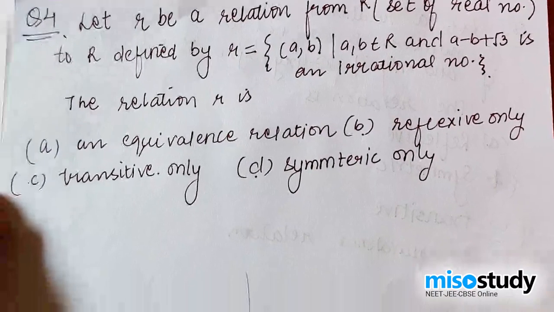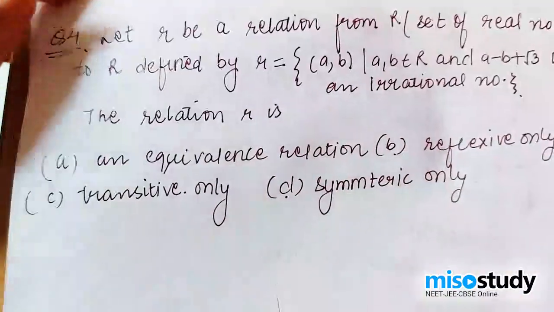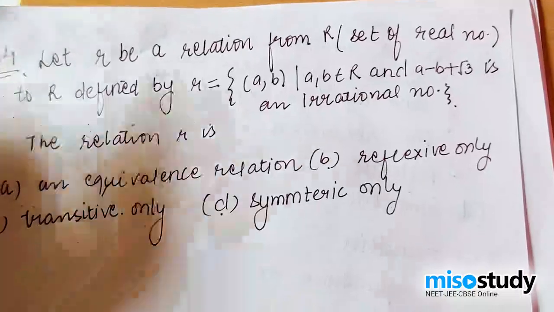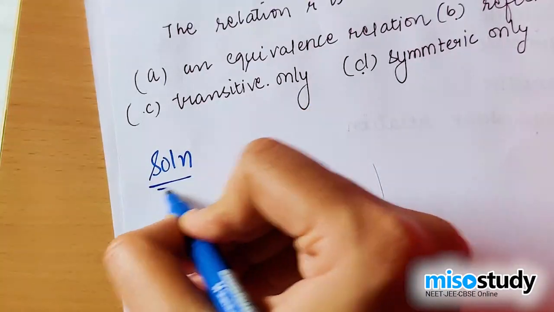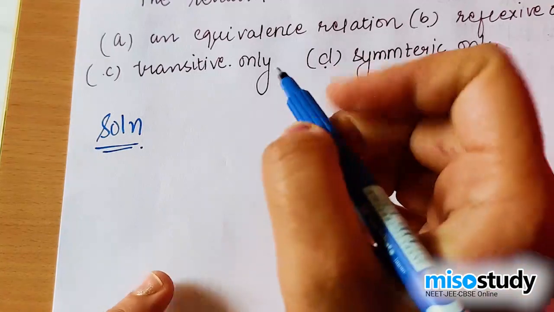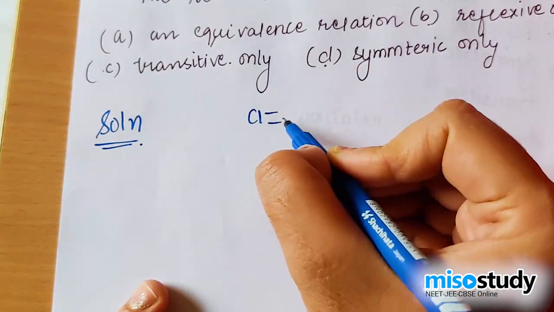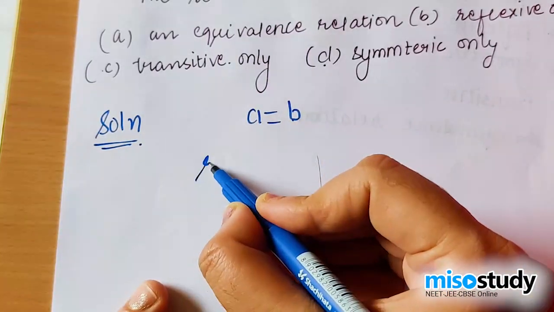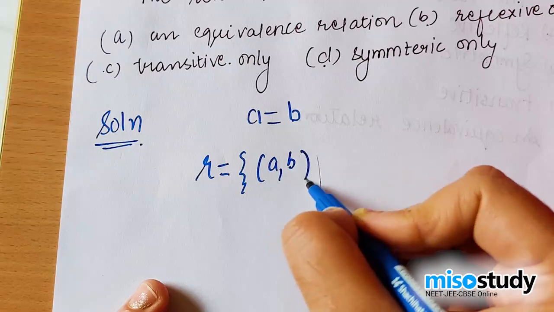So, to check for reflexive, I hope you have read this statement of how the relation is defined. I'm just working on its solution now. In such cases, if you want to check whether the relation is reflexive or not, you need to put a equal to b. I'll write the statement again so that you're very clear with it.